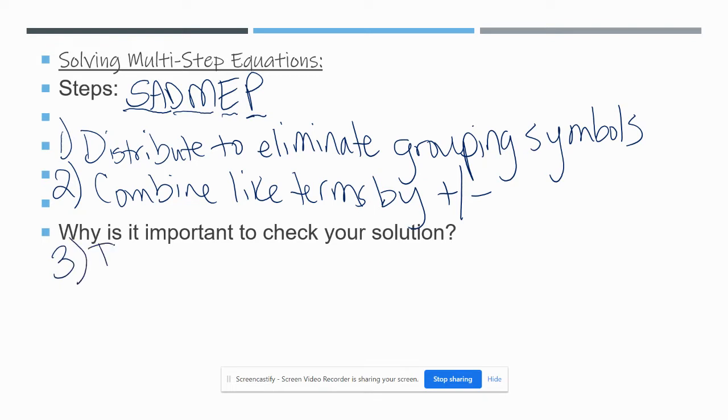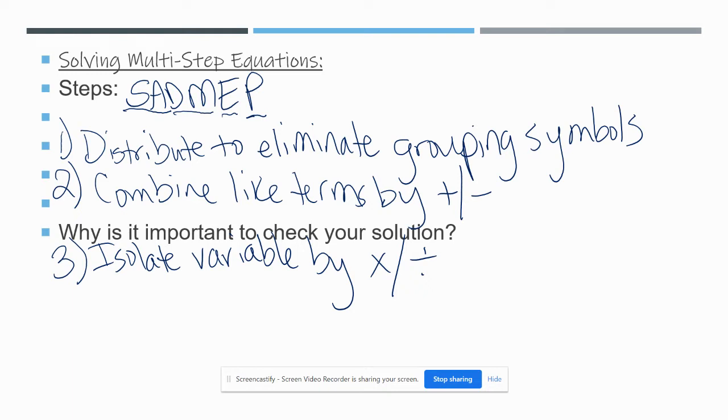And then isolate the variable by multiplying or dividing. Make sure that you're using opposite operations to move over the equal sign, and use given operations to combine like terms on the same side. We'll talk about that in class.